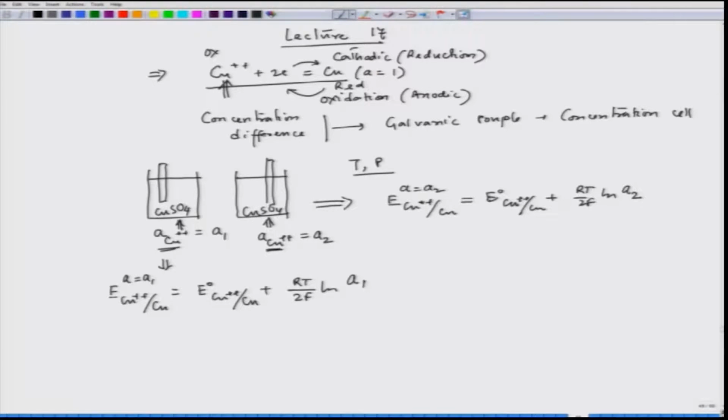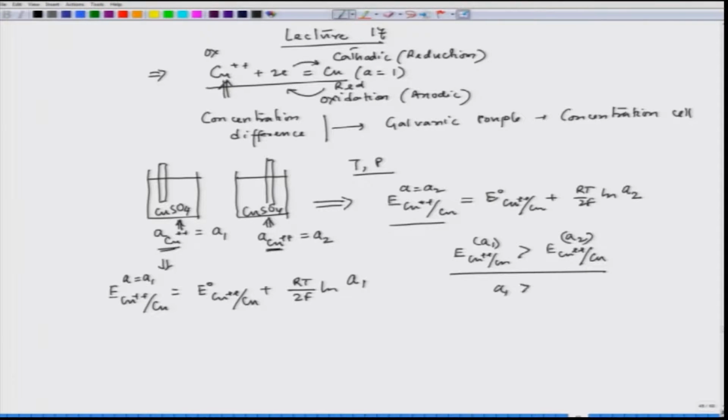Now, the potentials developed at the electrodes of the two half cells, we can have a relation between these two, that is, whether E copper plus plus slash copper at A1 is greater than E copper plus plus slash copper at A2. Here A1 and A2 are basically the activities of the copper ions in the respective half cells. When is it true?